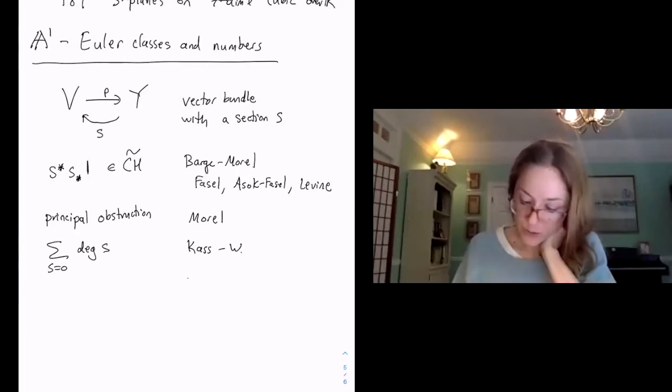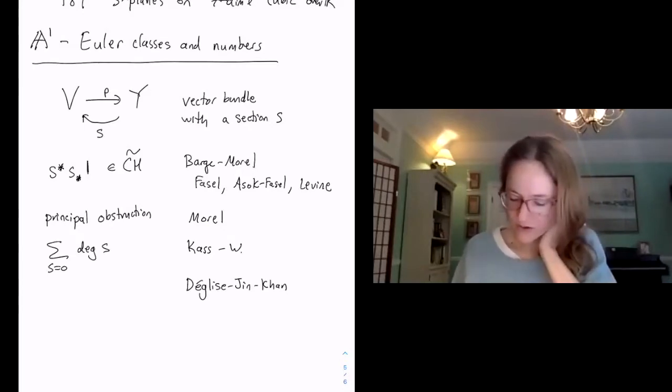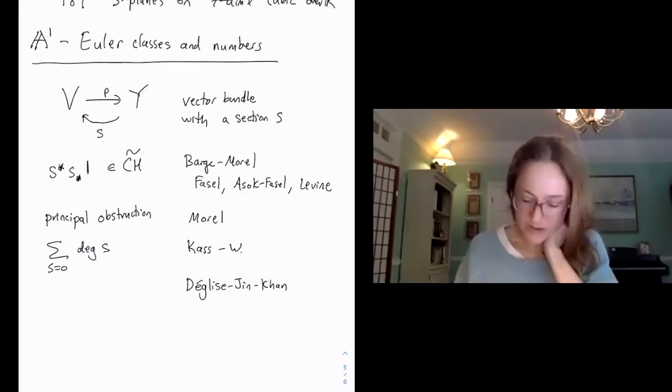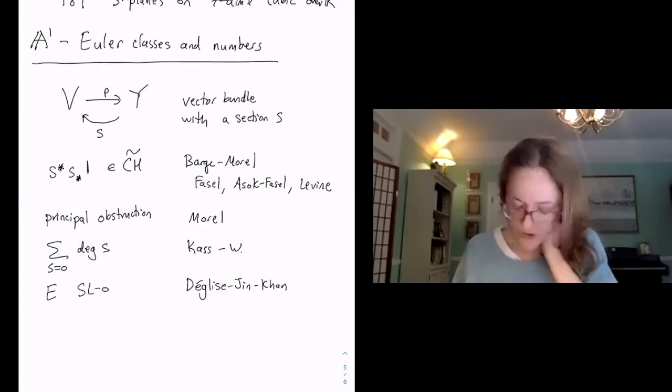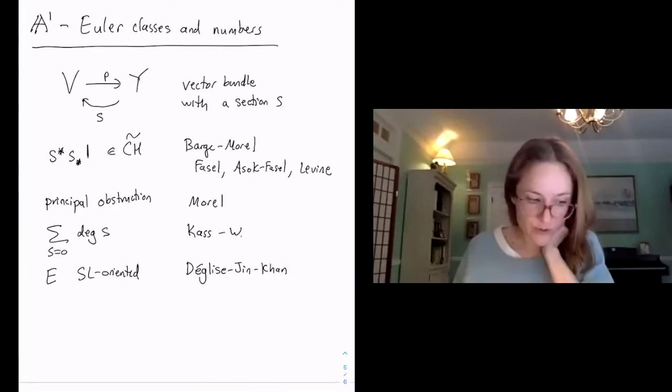In a beautiful paper on fundamental classes, de Vlies, Jin, and Kahn give constructions of Euler classes, and in particular Mark presented using this last week, and one of the things this does is we get Euler classes valued in cohomology theories that are represented by SL-oriented spectra. Another thing that Mark talked to us about was a pairing on the Koszul complex.